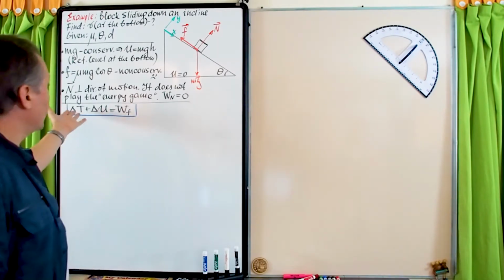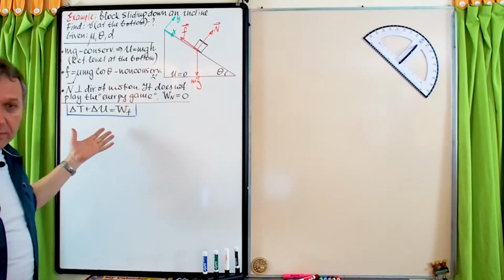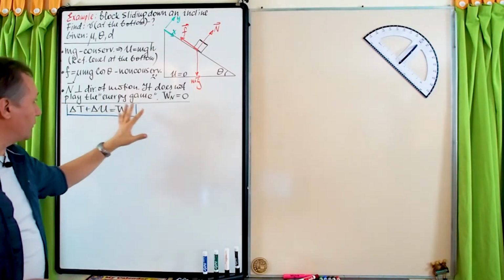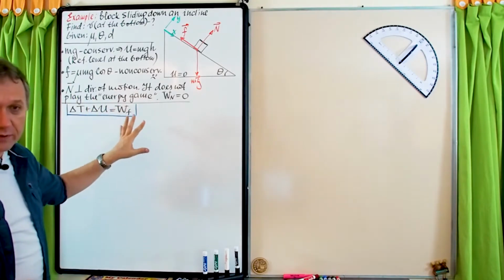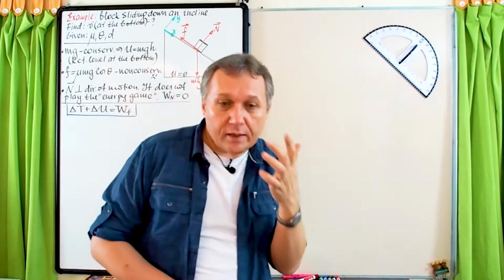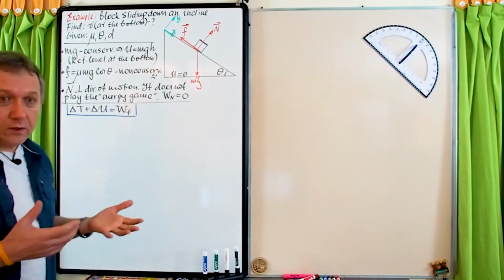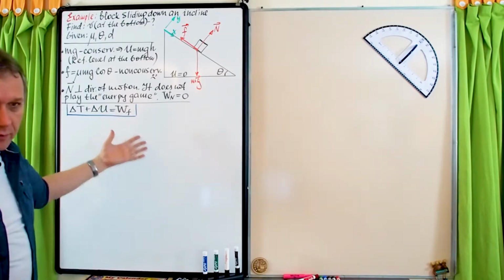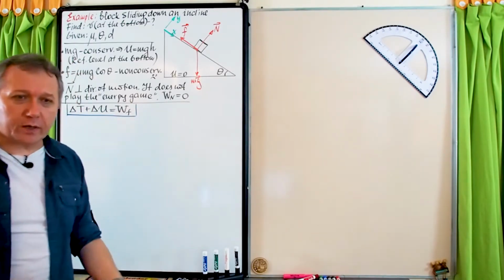So we have to use this. If we did not have non-conservative forces, we would just have conservation of mechanical energy, but in the presence of a non-conservative force, we have to use that. Again, if you say you don't remember that, or you hate this for whatever reasons, okay, go and grab the work kinetic energy principle.